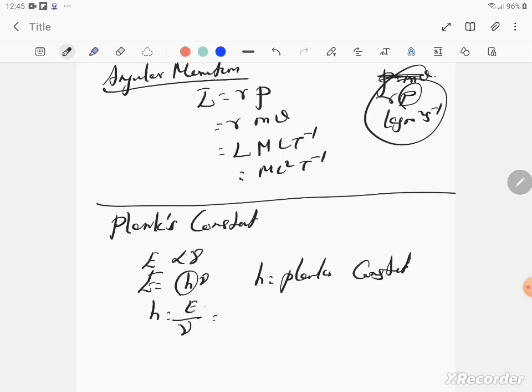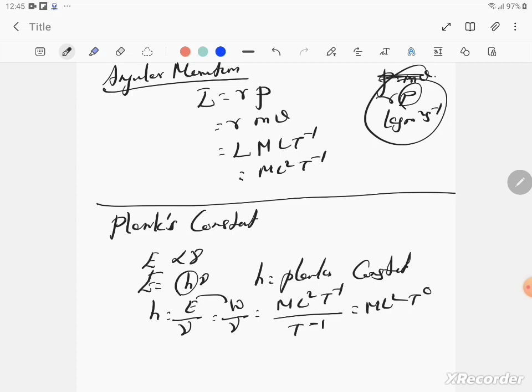E is nothing but energy, which is also work done. Work done's dimensional formula is ml square t to the power minus 2, divided by frequency, which is t to the power minus 1.